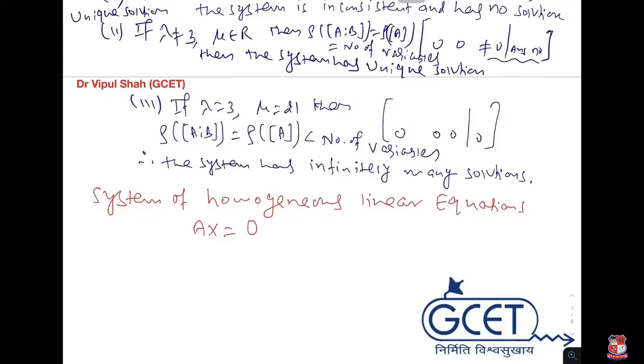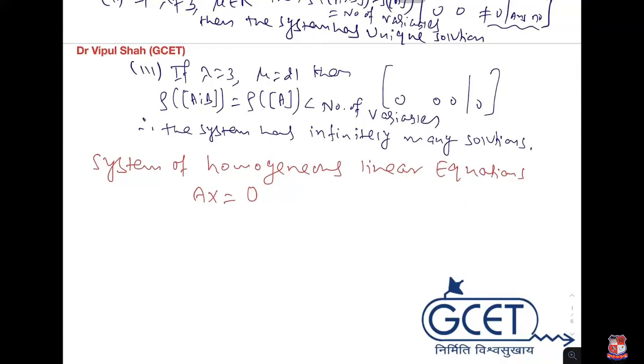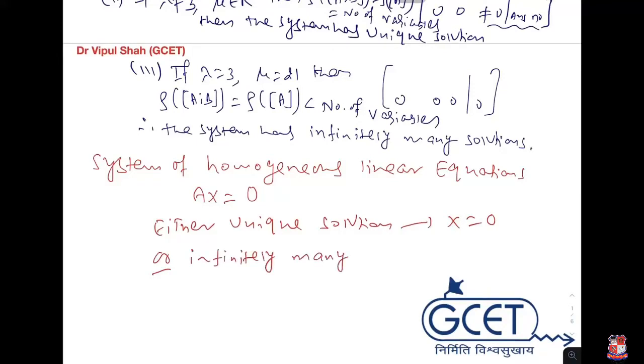So all the entries to the right are 0. Now if a system is homogeneous, then we have its solution in only two ways, either unique solution, because this system can never be inconsistent, and if it is unique solution, then it must be all the variables 0, or infinitely many solutions. Okay, here there is no case of no solution. This is always a consistent system.